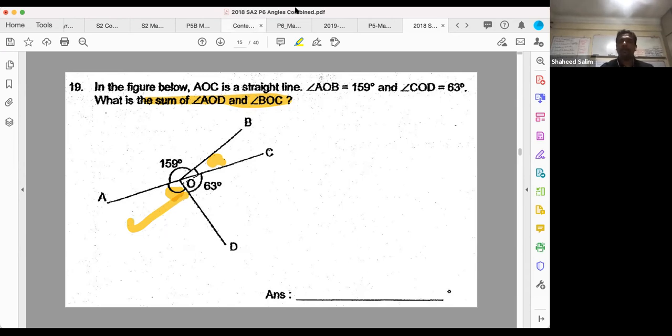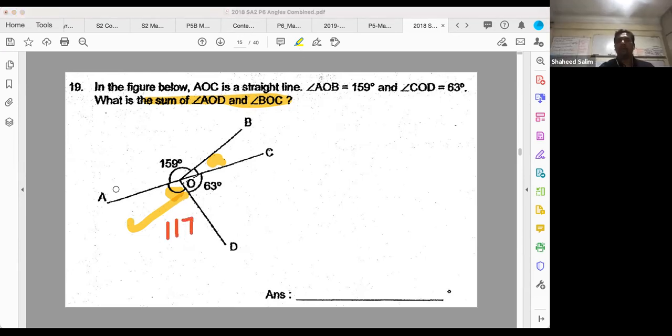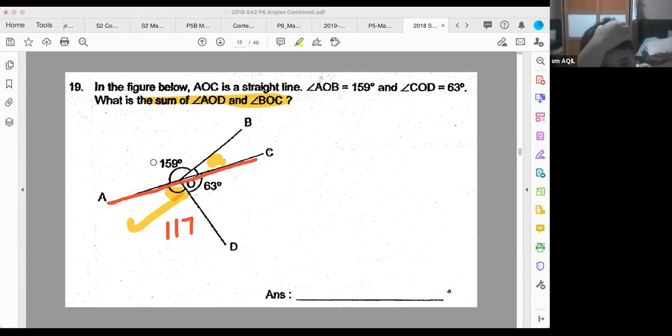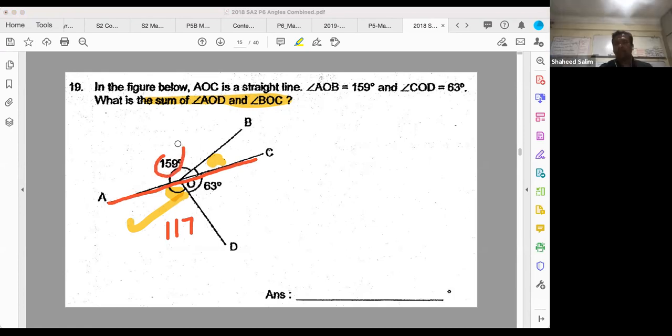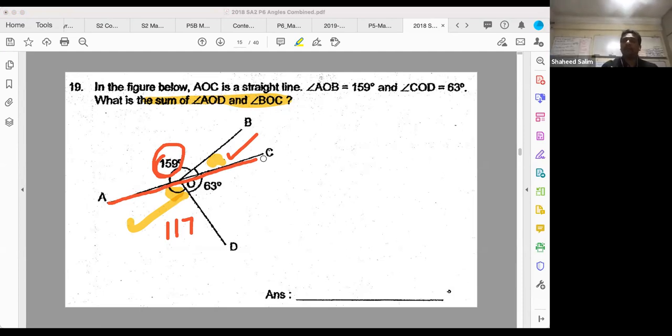Then you need 117 minus 159. No. Take 180 again. This time down. This side, 180 minus 117. No, minus 59. You will get this one. 159 minus 117. No, just 180 minus 159. You will get 21. That's the answer.